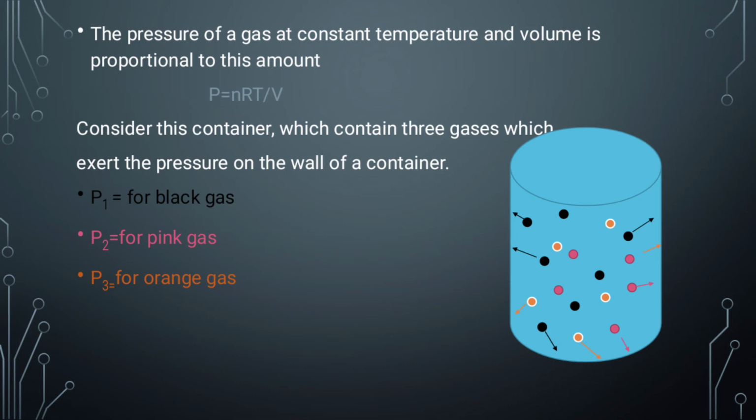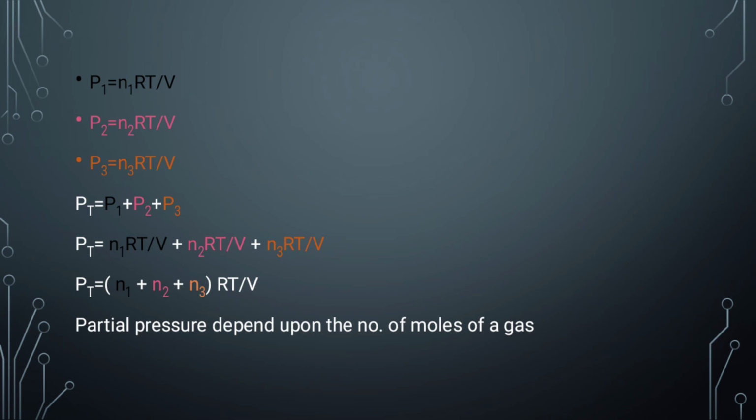Consider this container which contains three gases which exert pressure on the wall of the container. P1 is for the black gas, P2 for pink, and P3 for orange. So P1 = n1RT/V, P2 = n2RT/V, P3 = n3RT/V.